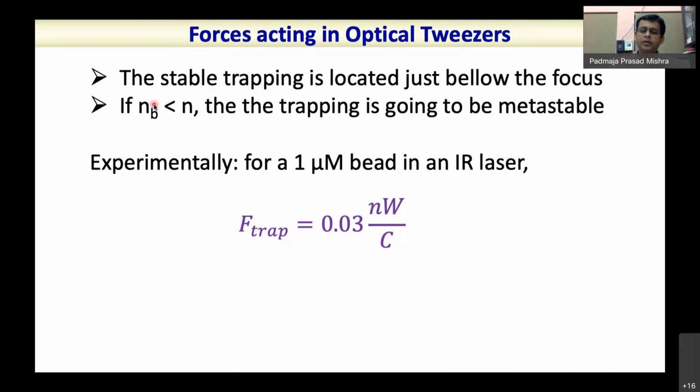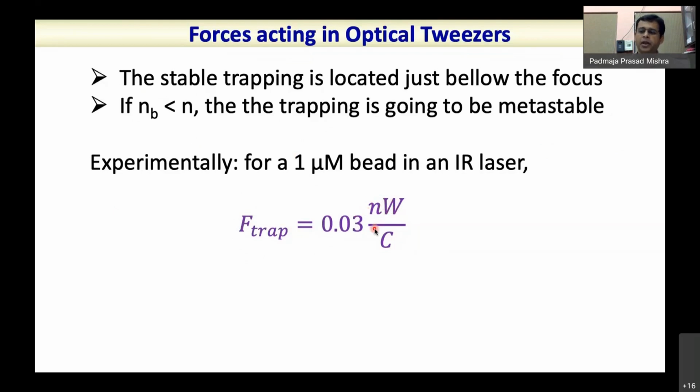However, if the refractive index of the object is lesser than the refractive index of the medium, the trapping is going to be metastable. And if you are using a 1 micrometer bead in an IR laser, the trapping force can be roughly said to be 0.03 times the refractive index of the object times the power of the laser.